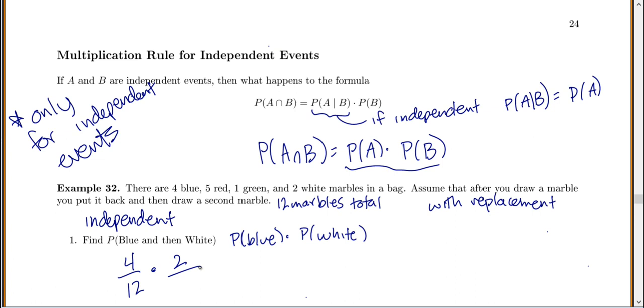I pulled out a blue, but then I put it back, so there are still 12 marbles. Or if you think about it, this was the original probability of blue, this was the original probability of white. We didn't have to change them because, again, they were independent. So 0.0555. So notice that did change our probabilities from what we got before when we didn't put the marble back.